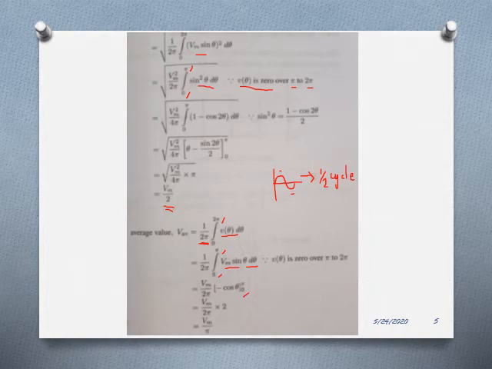Substitute the function V of theta as Vm sin theta and do the calculation. Vm, since it is a constant, you may take it outside. Integral of sin theta is minus cos theta for the time interval 0 to pi. So you get the answer as Vm by pi. Thus we have calculated both the RMS and average value of a half wave rectified output.